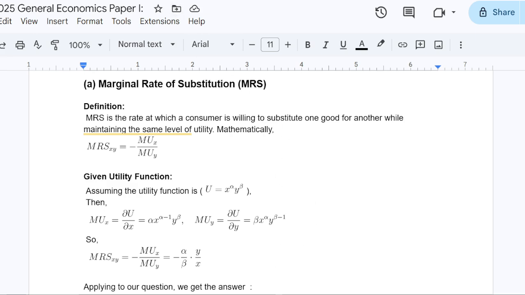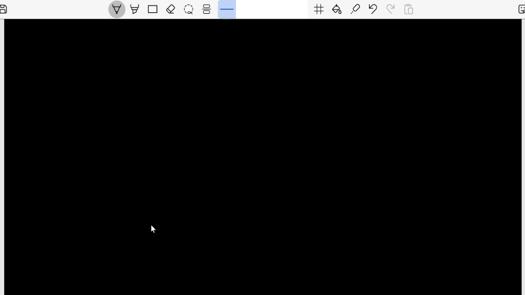All right. So first, what is the MRS? MRS is the rate at which a consumer is willing to substitute one good for another while maintaining the same level of utility. If you remember, we had the marginal rate of substitution that we studied in microeconomics.